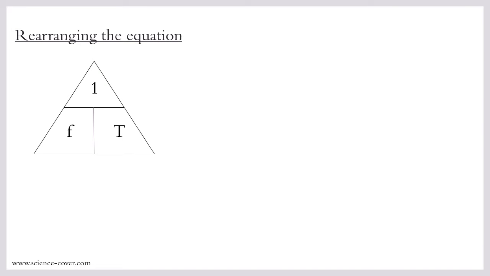We can place these values into an equation triangle to help us rearrange the equation. So the 1 goes on the top of the triangle, and the f and the t go on the bottom of the triangle. Now if we cover up the 1, it tells us that f times t should equal 1.